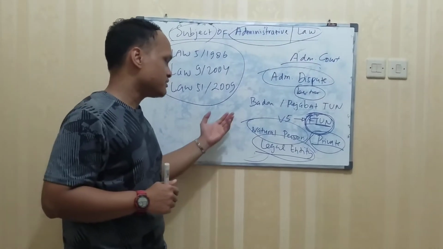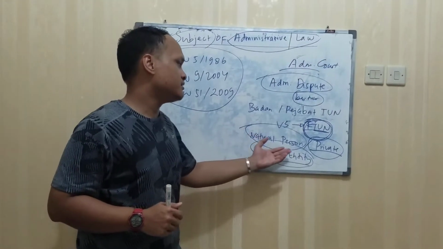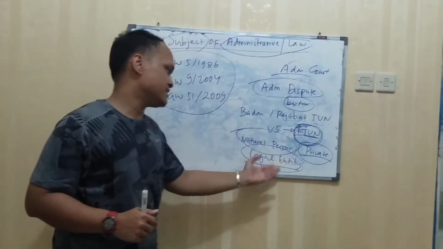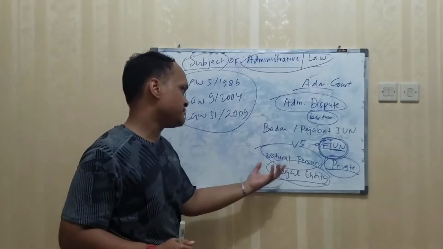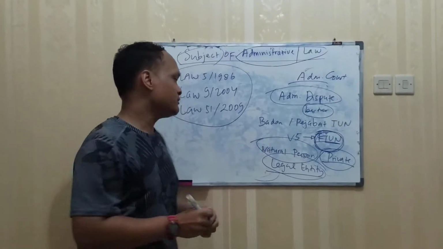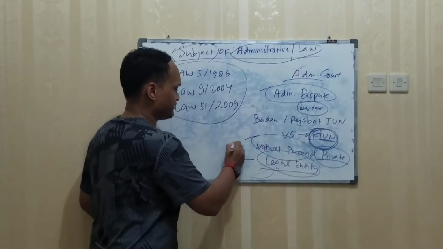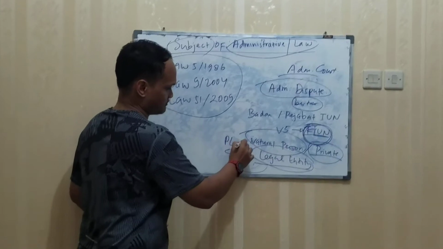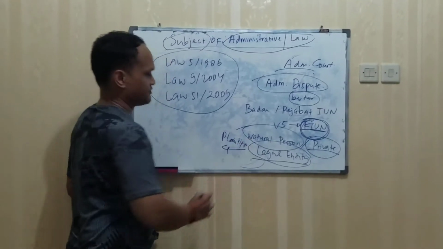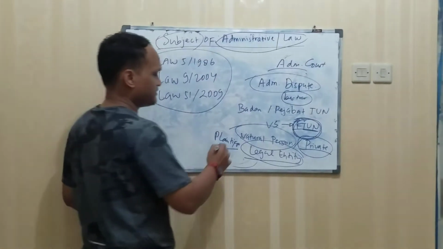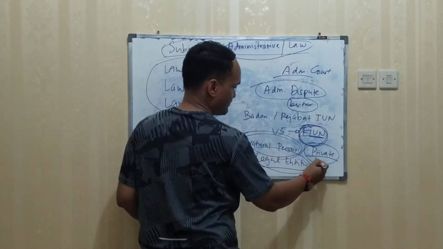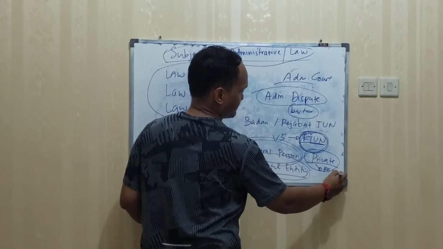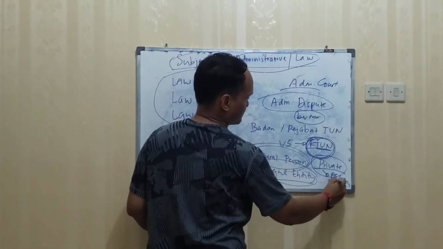So here, the public legal entity like the city, the province, the country, they cannot be the party who becomes the plaintiff in administrative dispute. But the one who can be the plaintiff here is a natural person, us, or a private legal entity, for example, PT, yayasan, or koperasi.